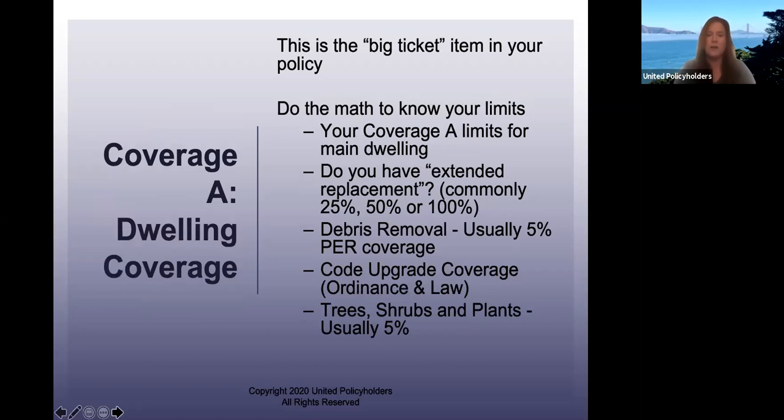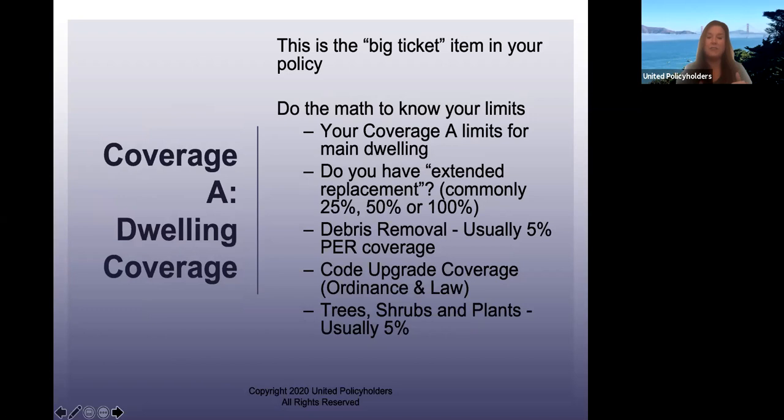So to get right into it, let's talk about coverage A. The reason we focus mainly on coverage A, as you know, is that your other structures coverage, called a couple of different things, like dwelling extensions or outbuilding coverage, is generally limited to 10% of your coverage A. So most of you who have lost your homes have been paid the maximum.